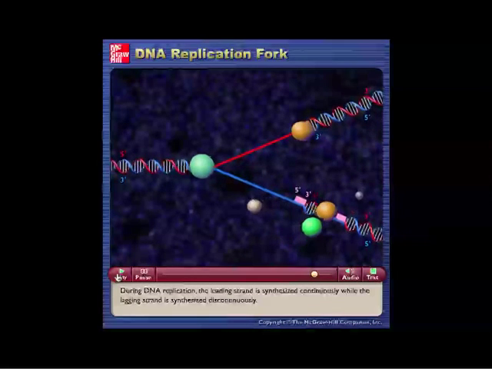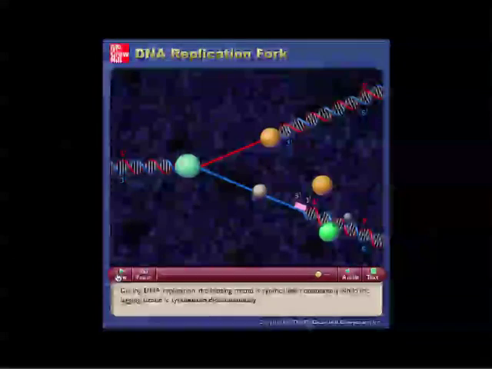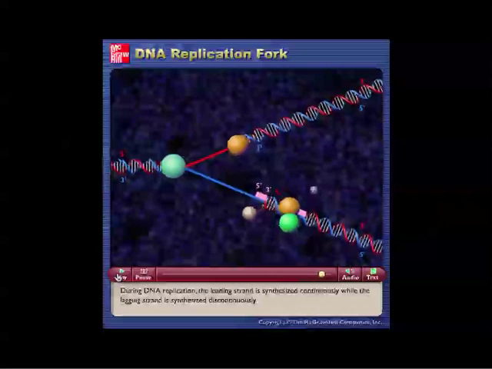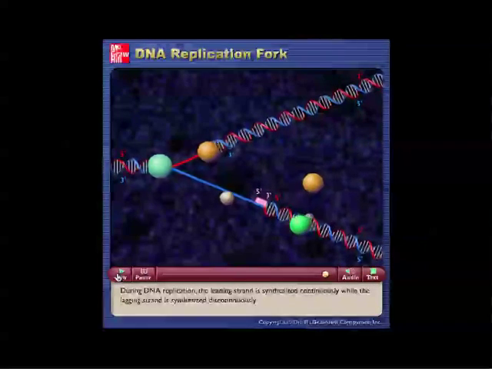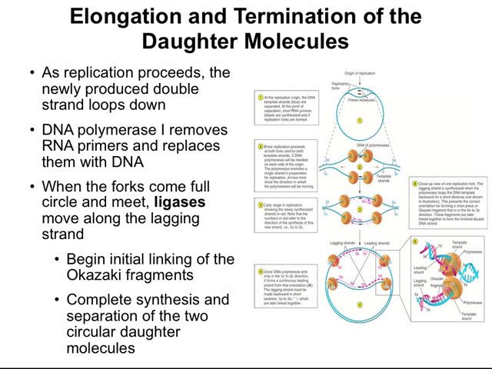During DNA replication, the leading strand is synthesized continuously, while the lagging strand is synthesized discontinuously. So as replication proceeds, the newly produced double strand is going to loop down. DNA polymerase I is going to remove all the primers, as we just saw in that last animation, and it'll replace them with DNA.